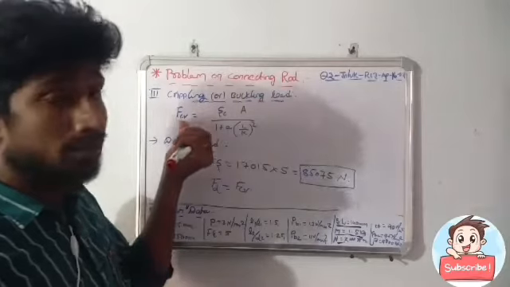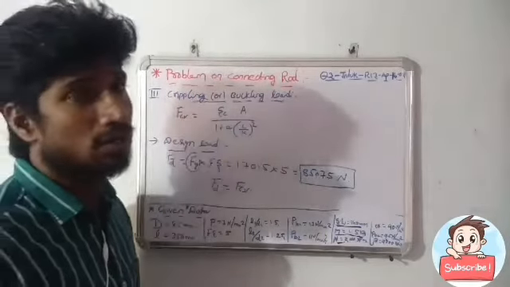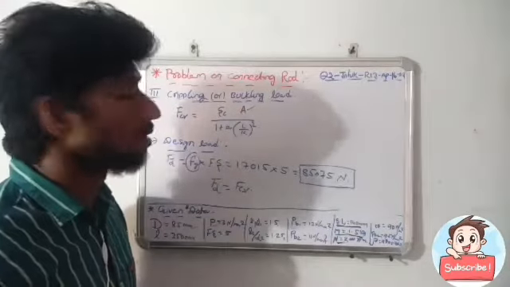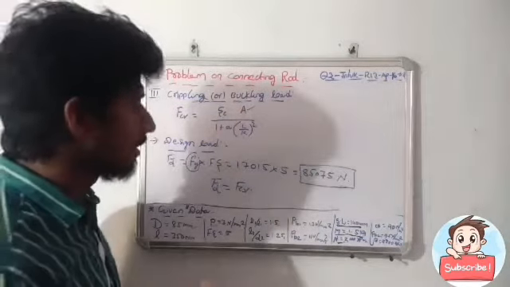By equating these loads, we are going to find out the section area of the connecting rod as well as the thickness of the connecting rod. So let's see that one.